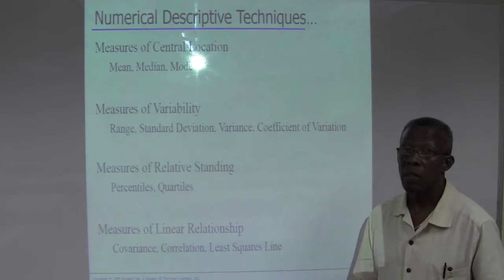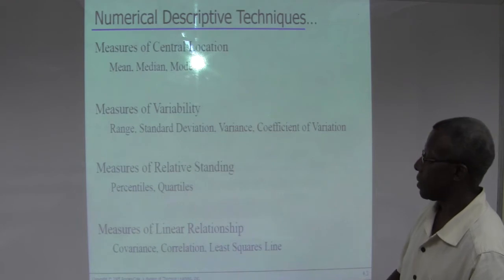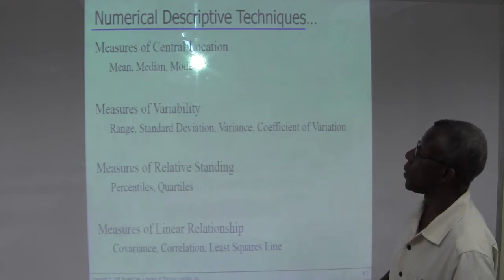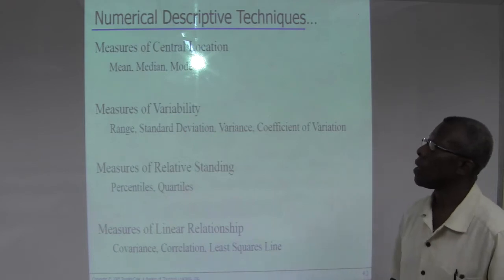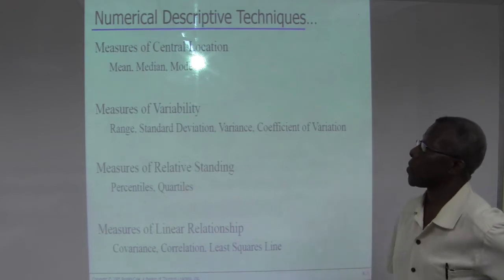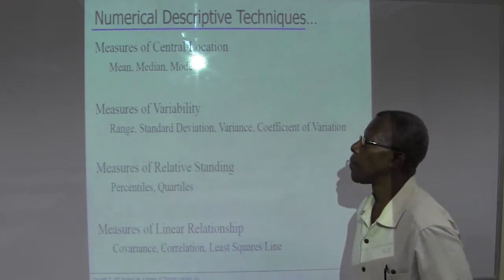Numerical descriptive techniques: we look at, in summary, what we are about to do in the future. This is like the course objectives. We look at measures of central location, which include the mean, the median, and the mode.